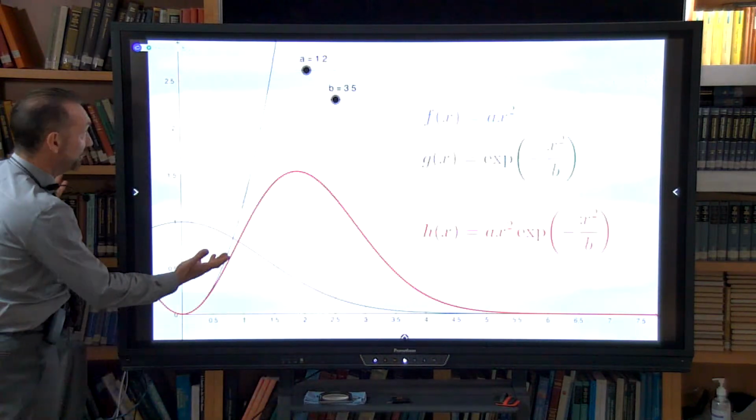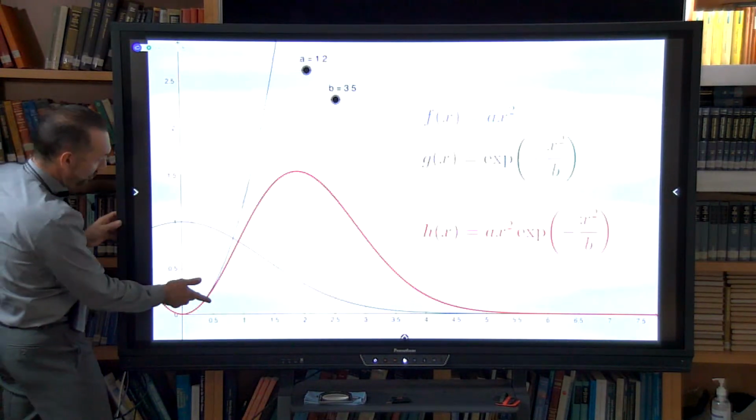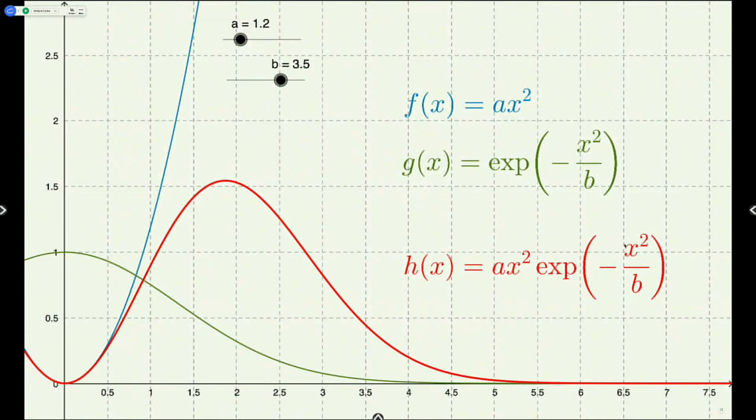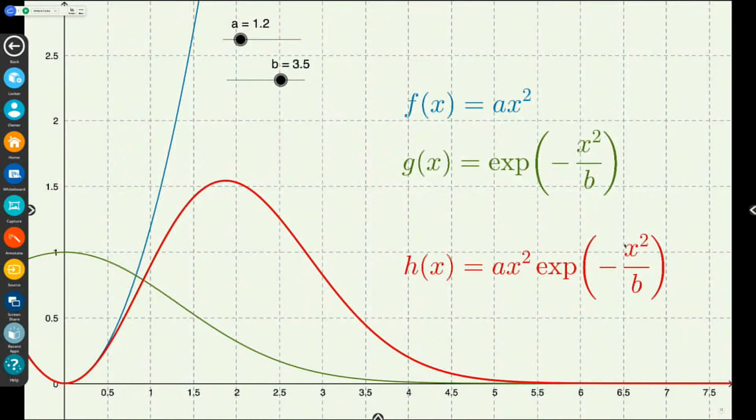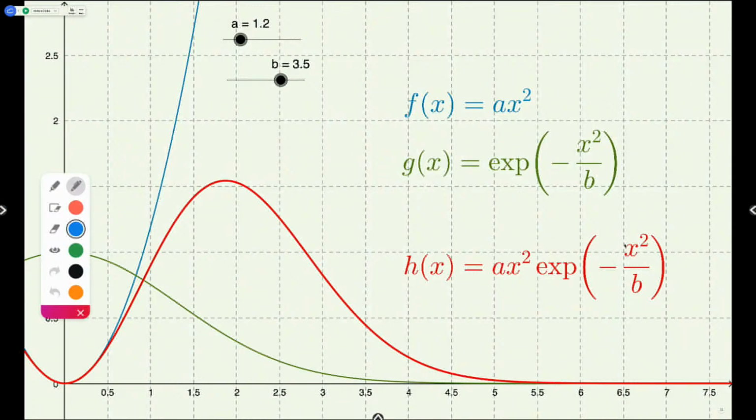And it comes from two things that we understand. Here in blue is just y equals x squared. That means that the curve has to go to 0, because in the Maxwell-Boltzmann distribution, the speed squared term, when the speed is 0, that function is 0.